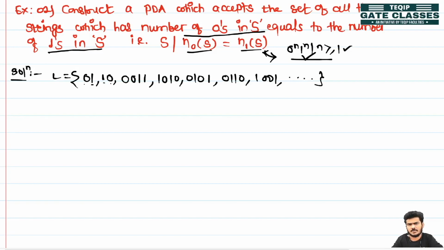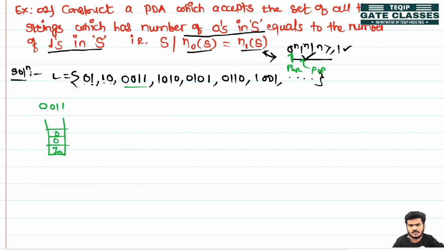Basically, in the last example, for 0 we pushed, and whenever 1 started, we started popping. But in this case that should not happen. Why? See, suppose I take the string 0 0 1 1. The bottom of the stack is z0, and whenever 0 comes, I have to push it.